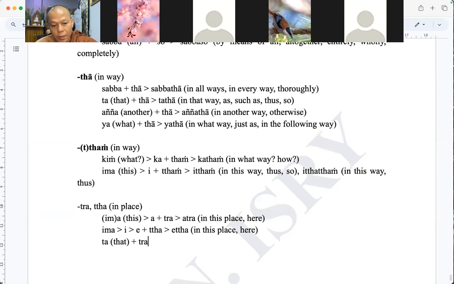So after that the dara or ta. So we have the dara and the ta. Both of them have the same meaning. So in that place, literally, that means there. Okay. And also ya. So ya means what or which.